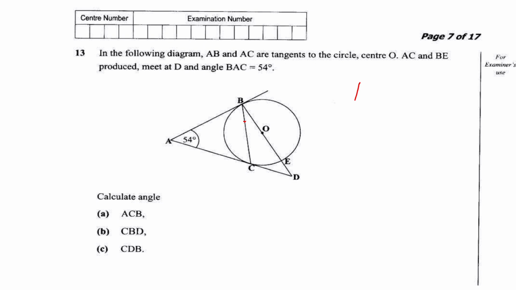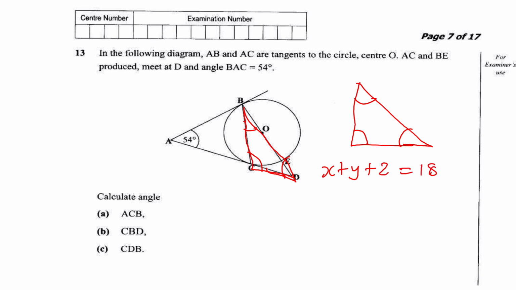If you remember, the right angle triangle is of this shape, and the sum of the interior angles adds up to 180. So if we have this as a right angle triangle, the sum of the angles inside it, for example x plus y plus z, equals 180. This is just a basic overview.